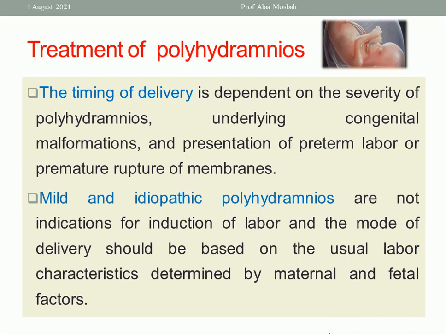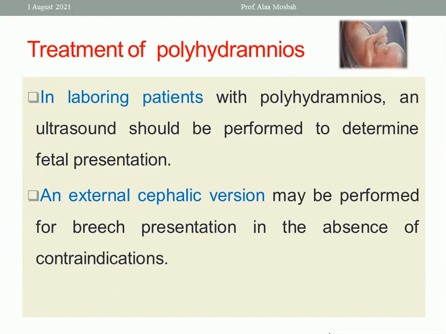In cases with mild and idiopathic polyhydramnios, there is no indication for induction of labor, and the mode of delivery should be based on the usual labor characteristics determined by maternal and fetal factors. Okay? In laboring patient with polyhydramnios, an ultrasound should be performed to determine fetal presentation. You can do external cephalic version in case of breech presentation if there is no contraindication.